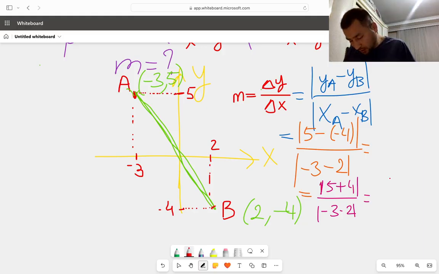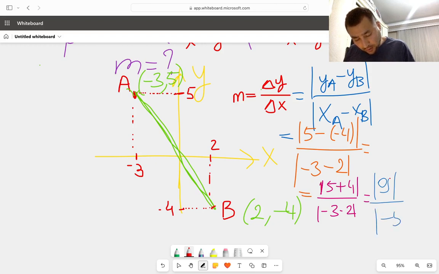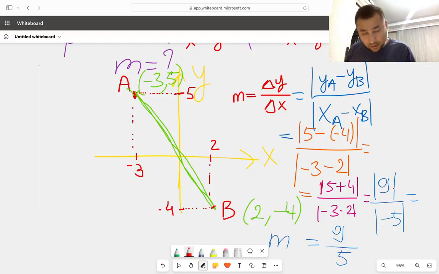So that's 9 absolute value divided by absolute value minus 5. Now 9 goes out of the absolute value as 9 because that's already positive, and minus 5 goes out as 5. So the slope of this line, denoted as m, equals 9 over 5.